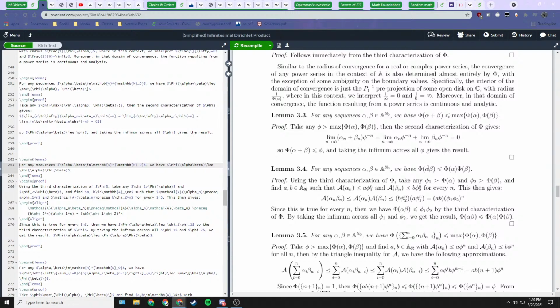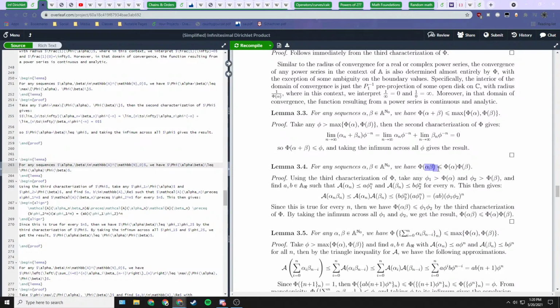But we don't have that here. In this context, we won't know in general whether or not that works, because this is just a generalization of the same root test for real or complex series, and in that case there's an ambiguity if you have 0 times infinity.